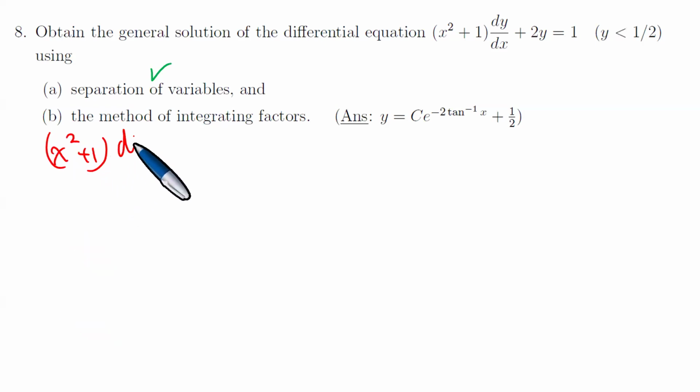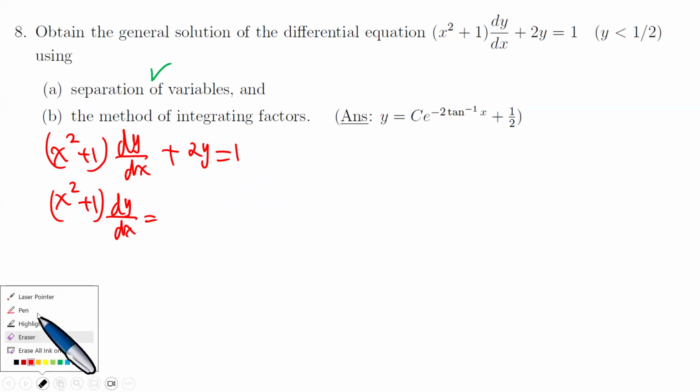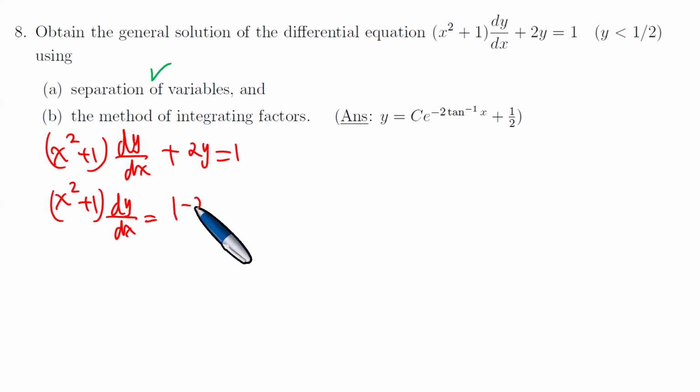So we can write this one as x squared plus 1 dy dx equals 1 minus 2y.